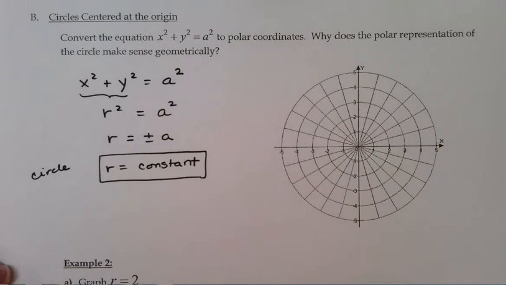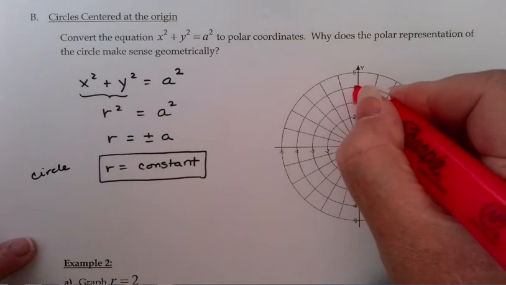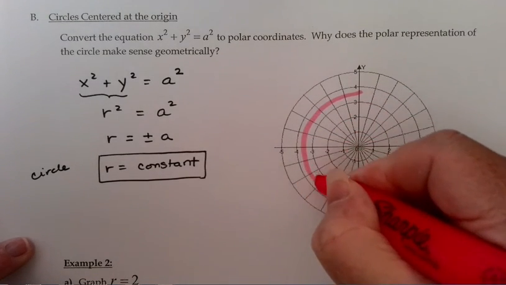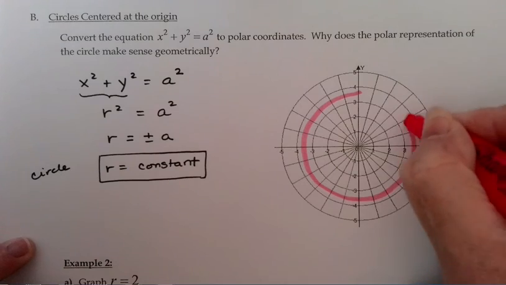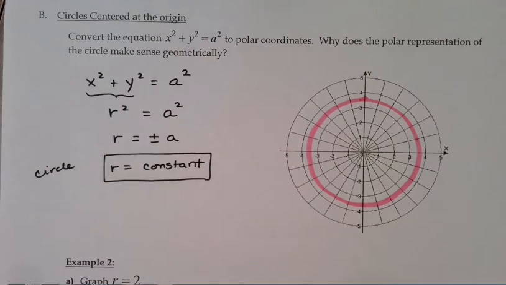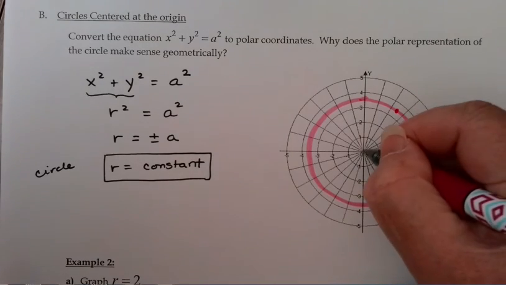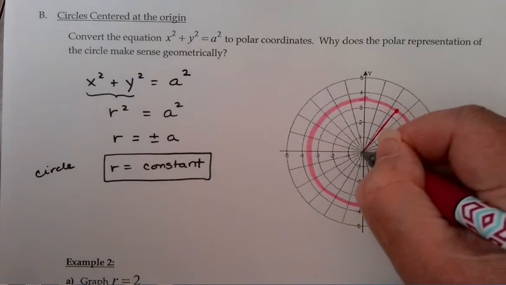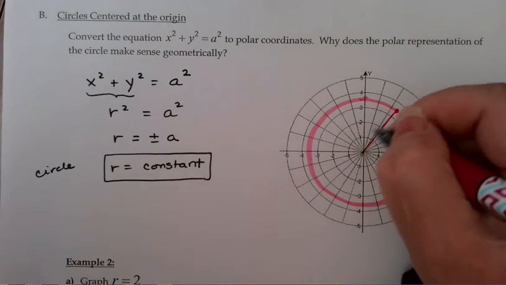Again, does this make sense? Sure. If you just think of a circle, some random circle centered at the origin, at every single point on that circle, we are exactly the same distance from the pole, right?